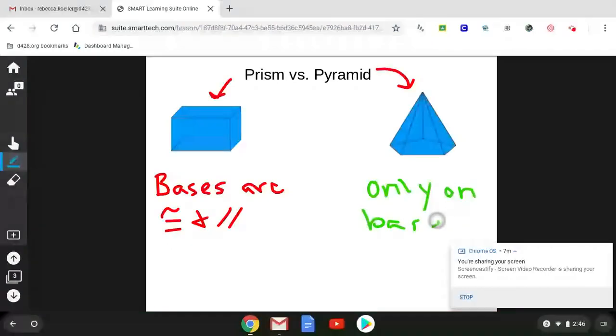So for me, I know a shape is a pyramid because I take a look and I only have one base and everything else comes up to a point. So if it comes up to a point and only has one base, I know it's going to be a pyramid.